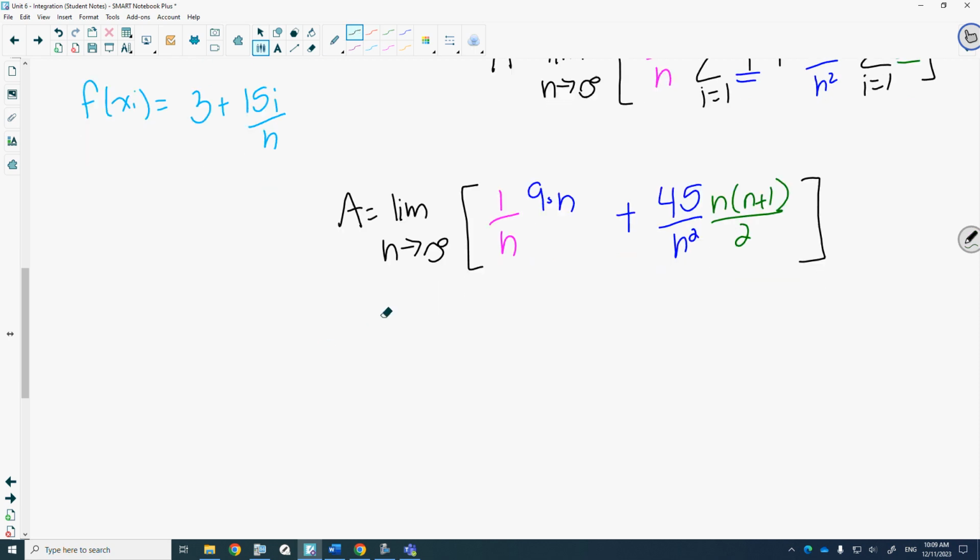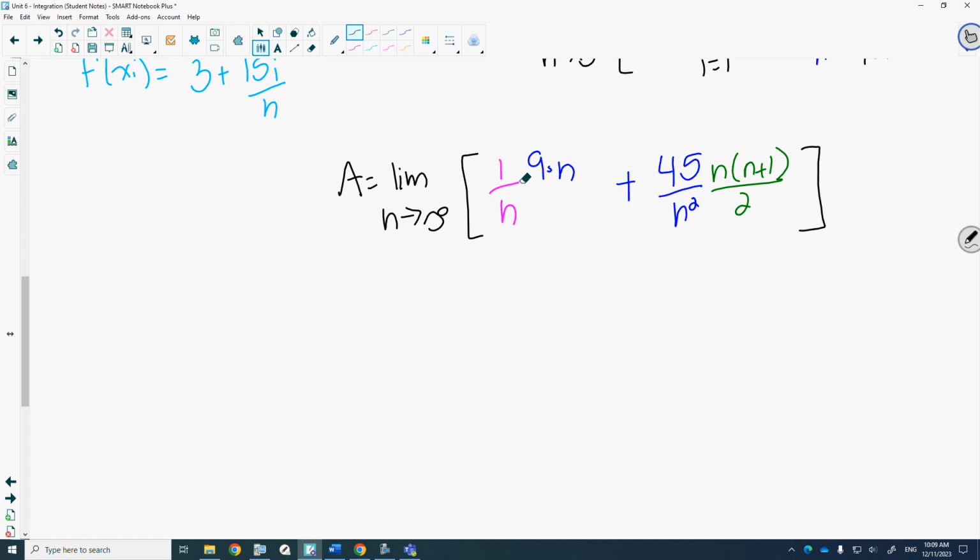Okay, so what can be cleaned up here is over here, I have n over n will cancel, and I'm just going to have 9 over here. So the limit as n approaches infinity of 9 is just going to be 9. Now over here, n and n will cancel, and let's distribute this 45 inside.